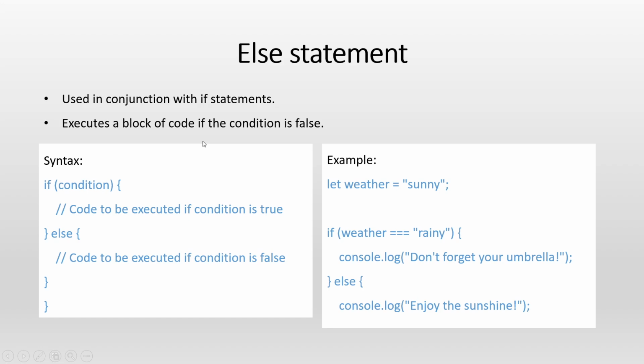So the definition of the else statement is: if the condition is false, whatever code is inside the else part should be executed. Or else, if the condition is true, the code inside the if should be executed.